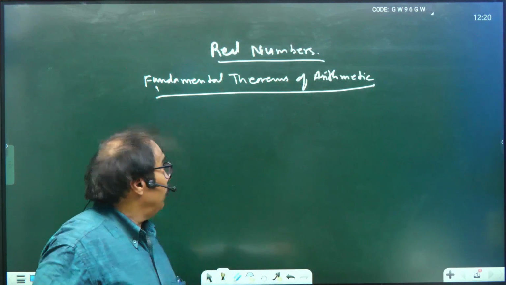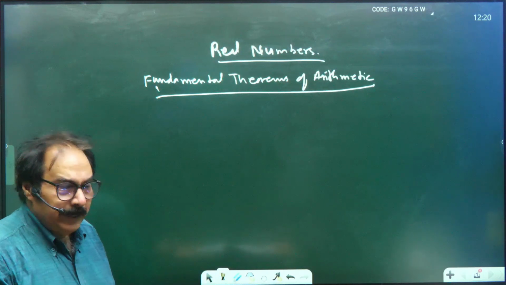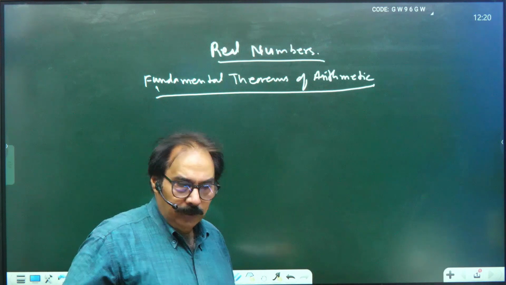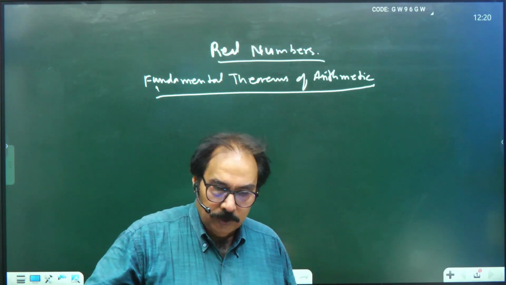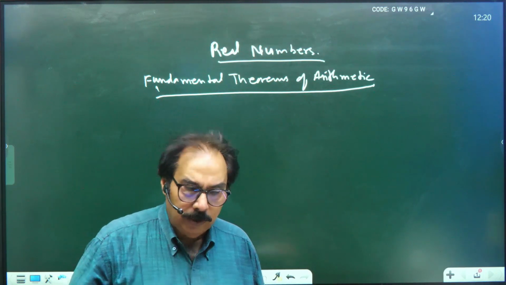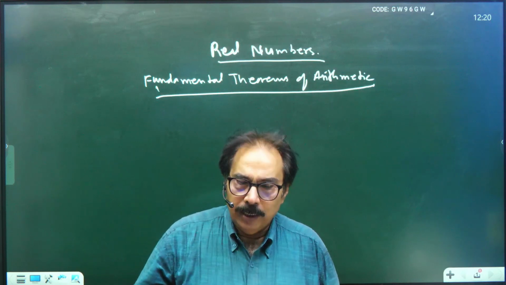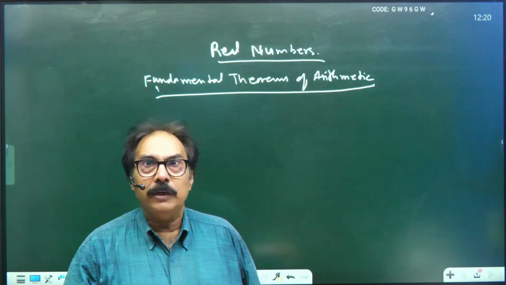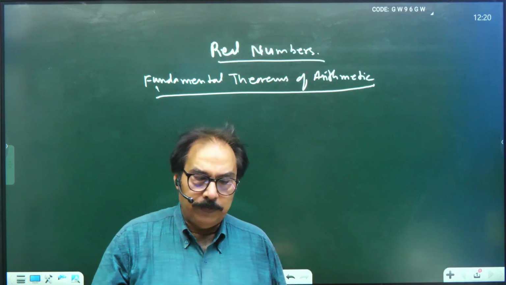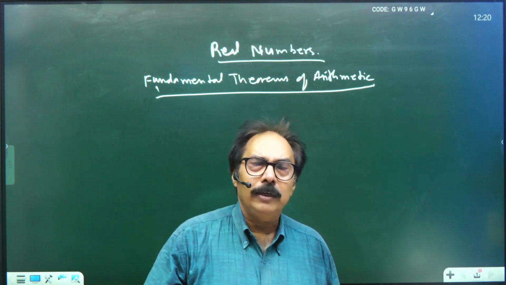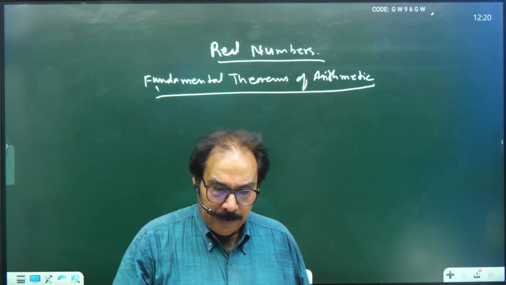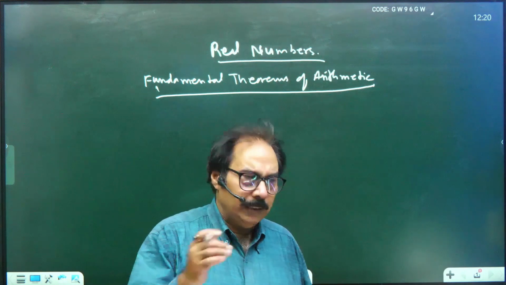This is called the fundamental theorem of arithmetic. The theorem is already given in your book, so try to learn it. Once again I am repeating, every composite number can be expressed or factorized as a product of primes.